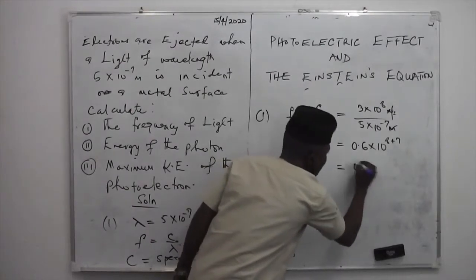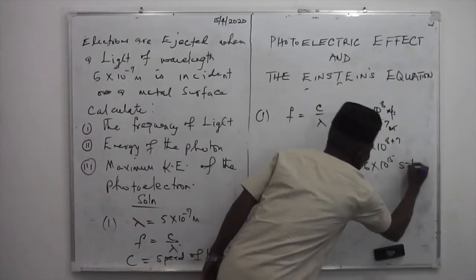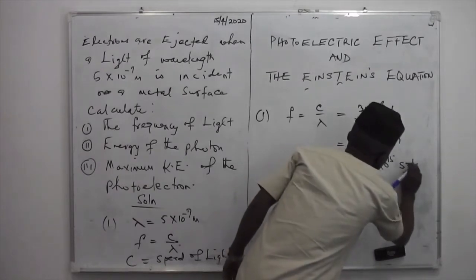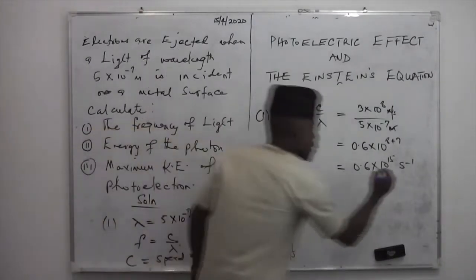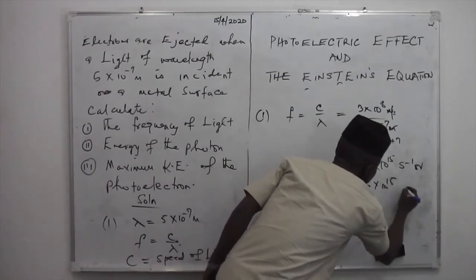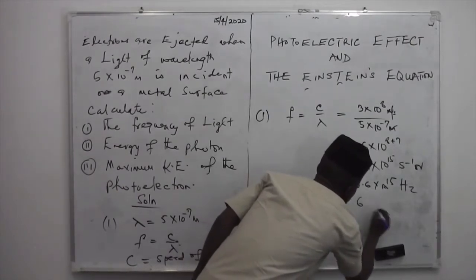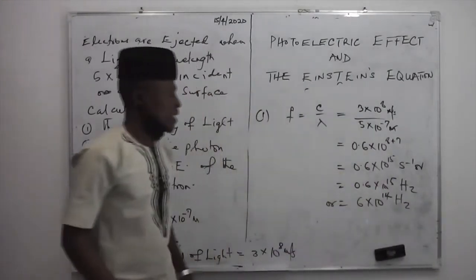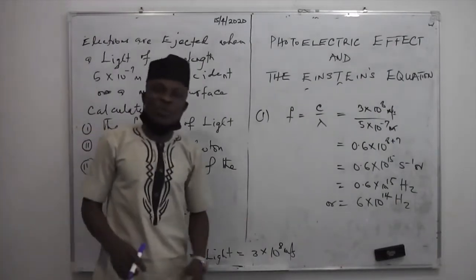We now have 0.6 times 10 raised to 15 per second, which is 0.6 times 10 raised to 15 hertz, or 6 times 10 raised to 14 hertz, if we move the decimal point forward. That is the solution to the first question.